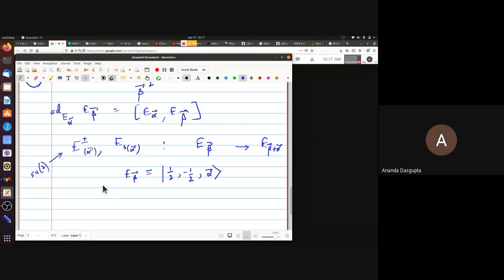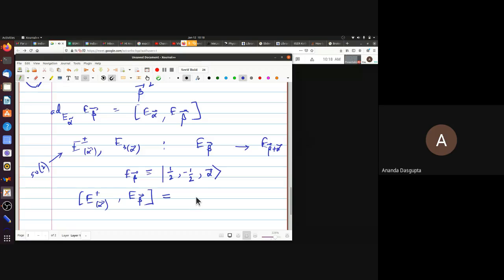Okay. So if you ask what happens when E plus alpha acts on E beta, that is, of course, the adjoint representation, so action means commutator. What will you get? That's the E plus operator acting on the lowest weight state in a spin half representation.